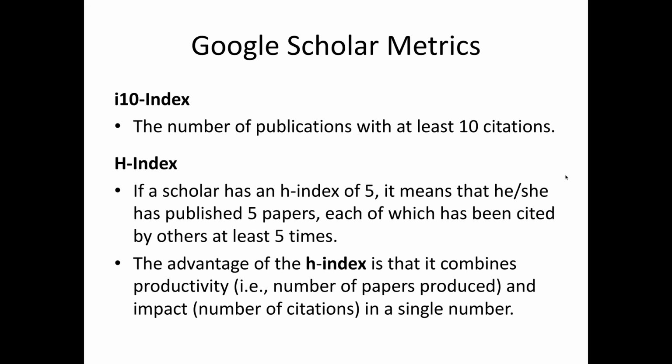So that's why we were talking about the H index reflecting both the number of publications as well as the number of citations per publication. I know there will be questions concerning this, but I hope so far it is clear.